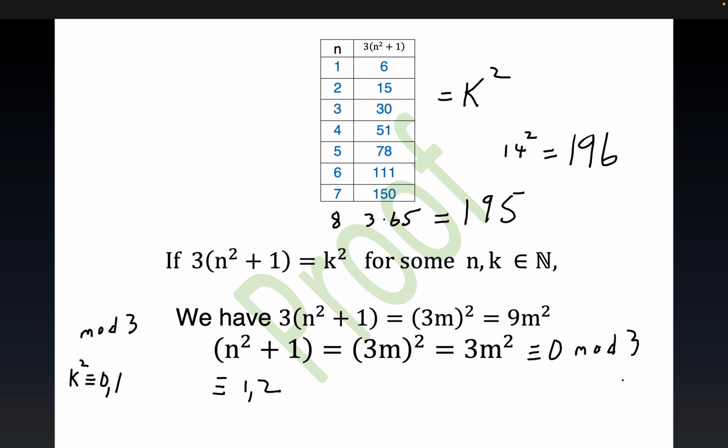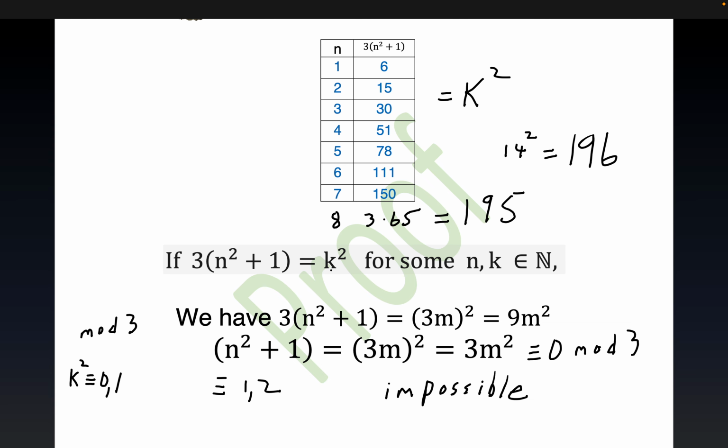So you see, we got a contradiction here. This is impossible. Okay, impossible. And so there are none. Again, this is certainly true. This is incontrovertibly true right here. And then all of this analysis in mod 3 makes it very clear that this cannot occur.